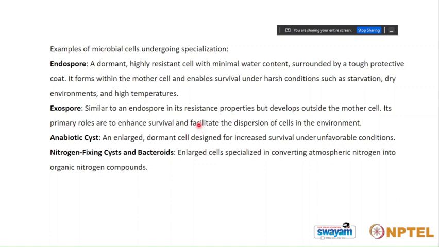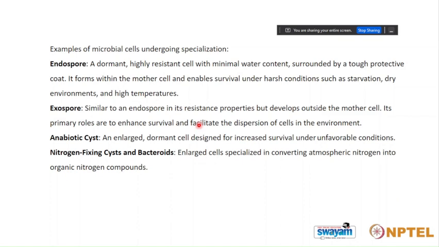Is that clear? Yes, sir, clear. So cysts are microbial differentiation, and endospores are also cell differentiation. So what is the difference between cell proliferation and cell differentiation? In proliferation, the number of cells will increase, that is what the term proliferation refers to.